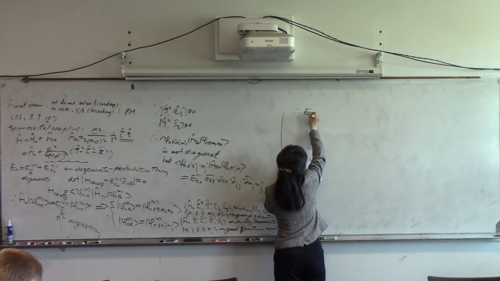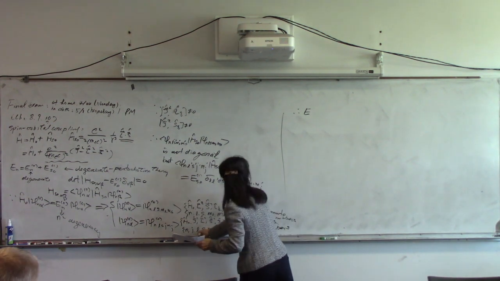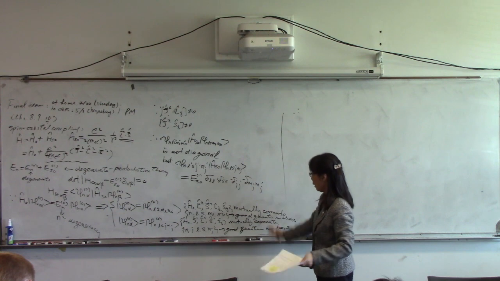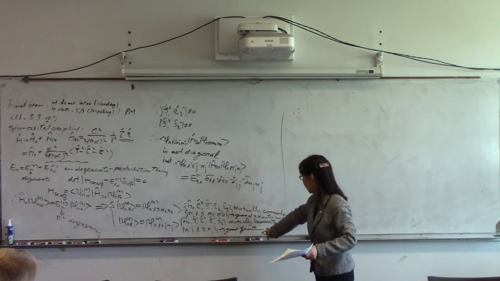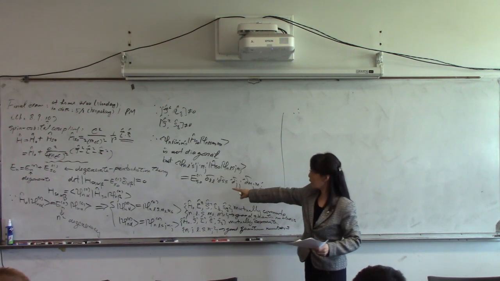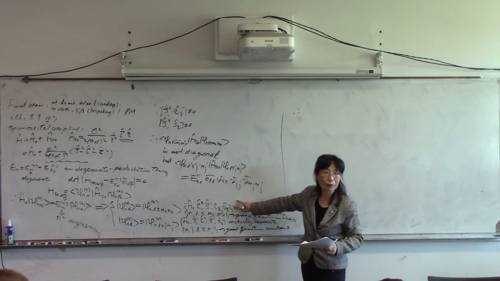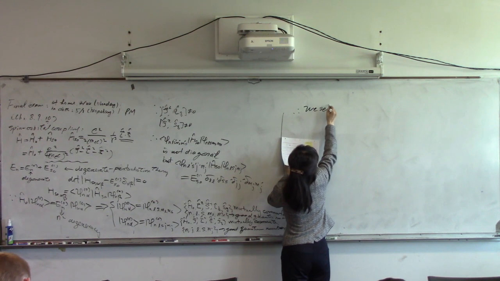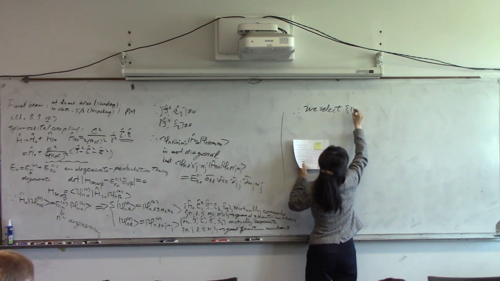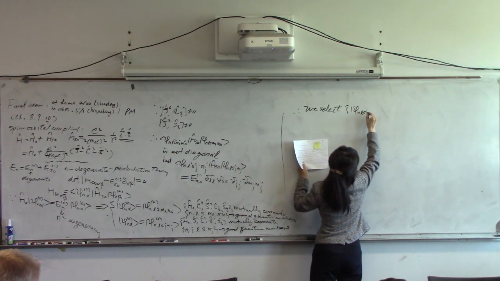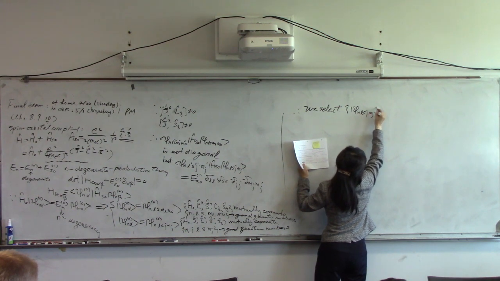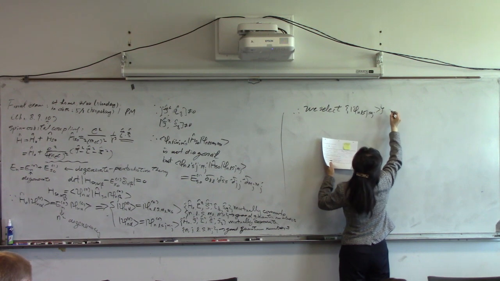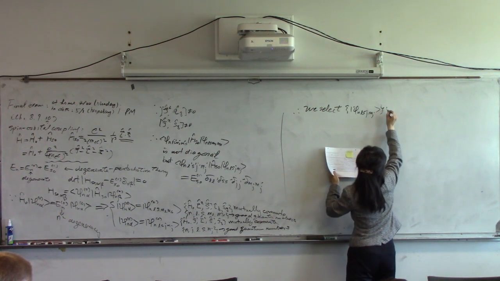So let me select this one. We are going to select the good set of joint eigenstates, or good quantum numbers, such that this perturbation term is diagonal. So we select this one, n, l, s, j, m_j.